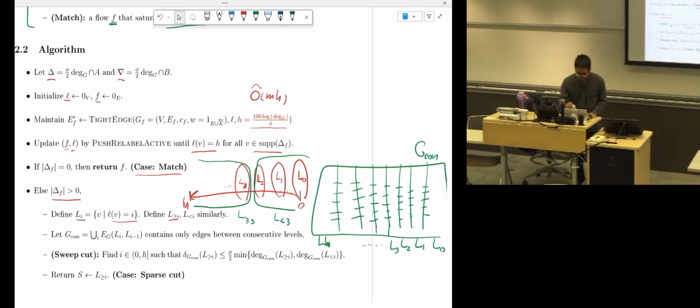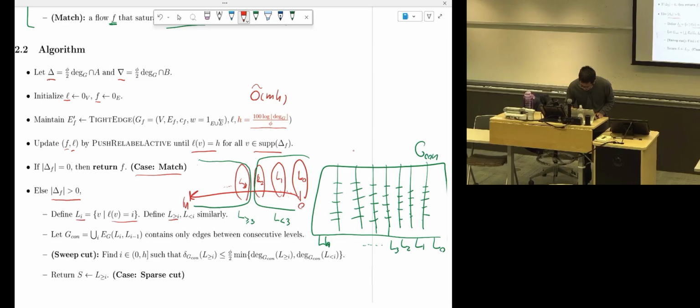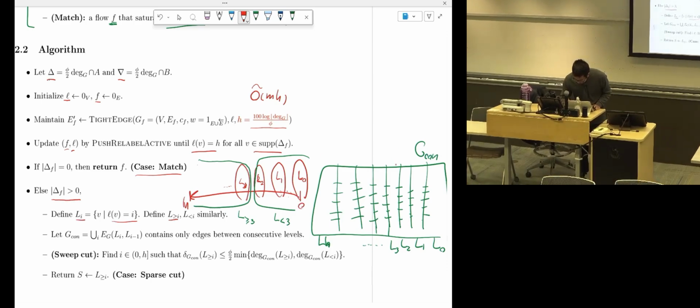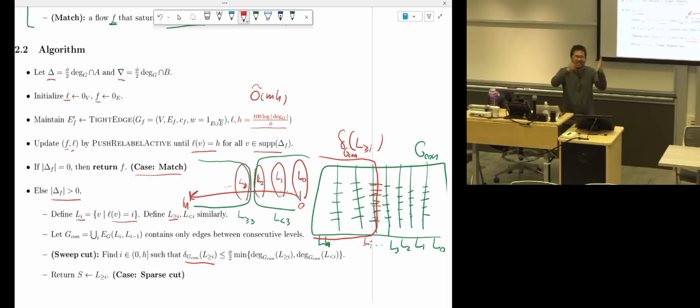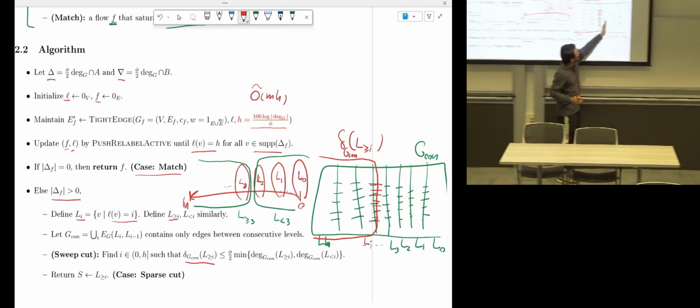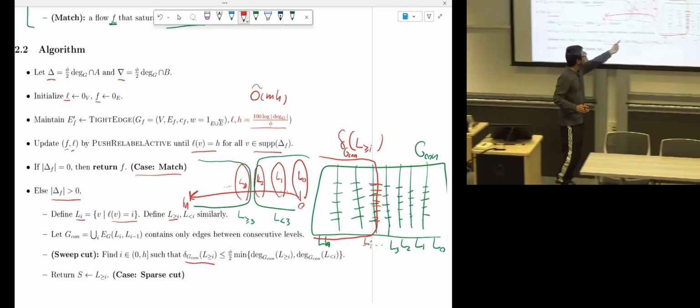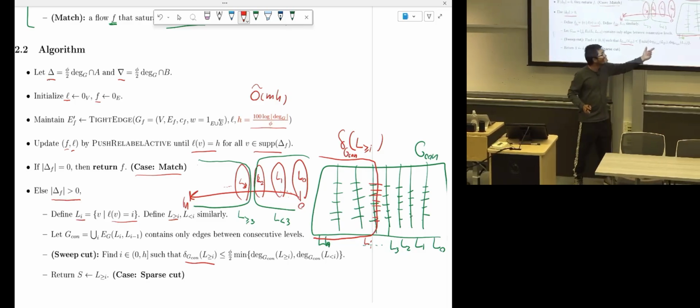So I want to find i such that this cut, this L at least i, when you look at G-con, all capacitated edges across this cut, is phi over 2 sparse in G-con.